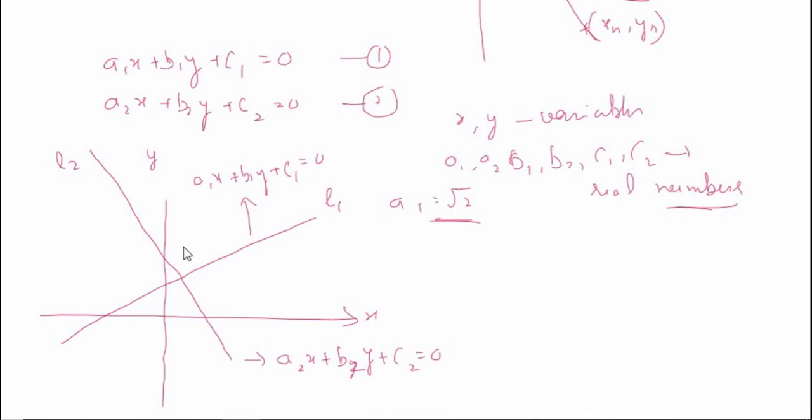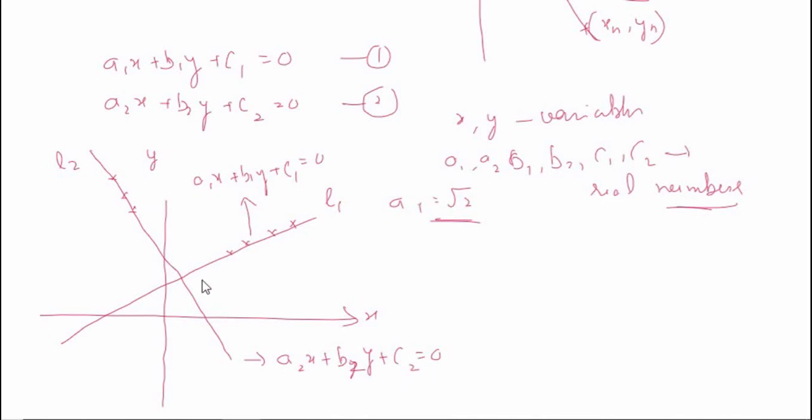Now every point on this line L1, taking hundreds or thousands, an infinite number of points, is a solution of a1x plus b1y plus c1, and every point of this line L2 is a solution for the equation a2x plus b2y plus c2 equal to 0.